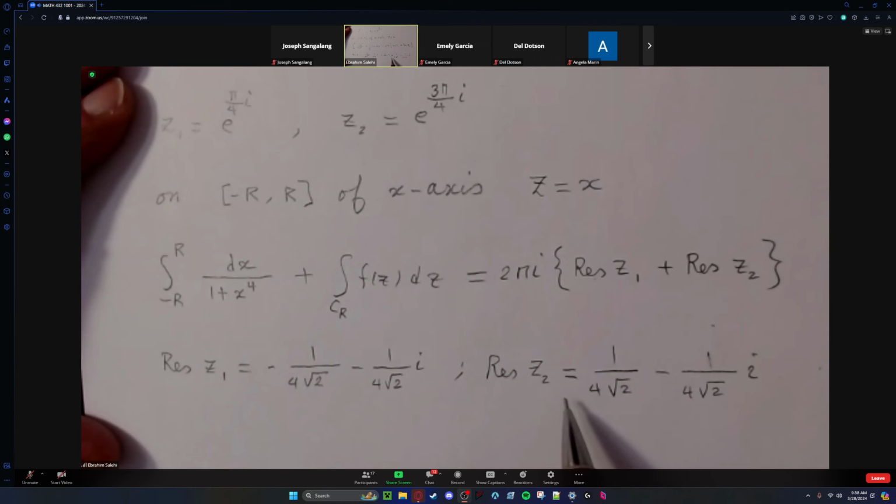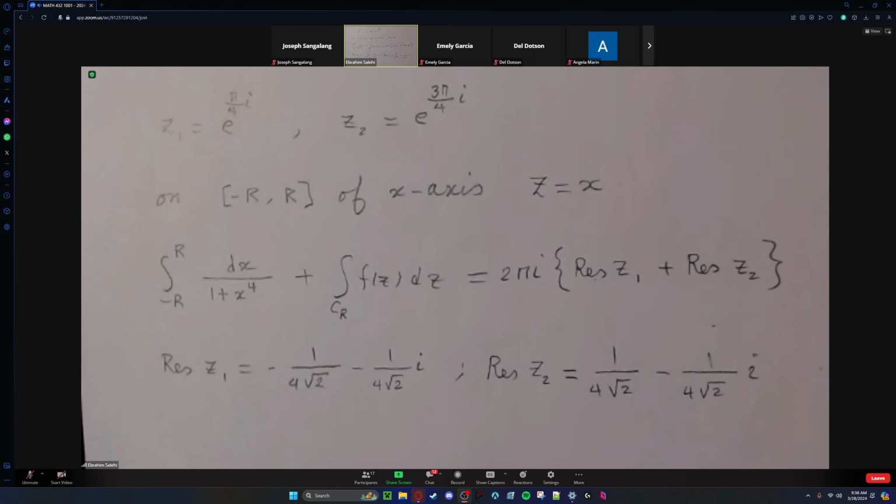So some of these two, this one cancels with that one in here. So we know what we have on the right-hand side.